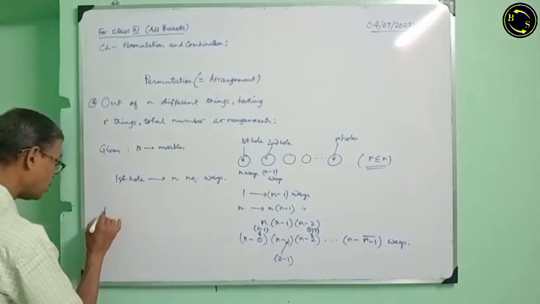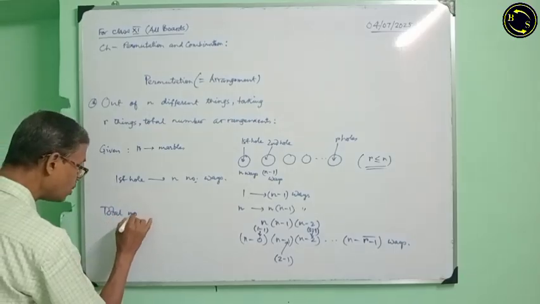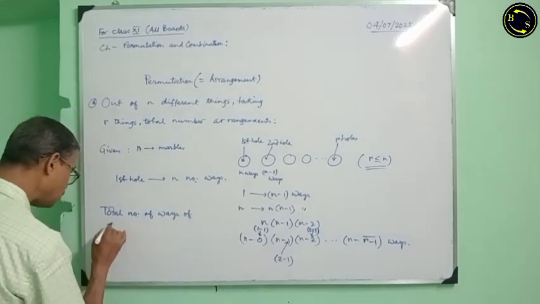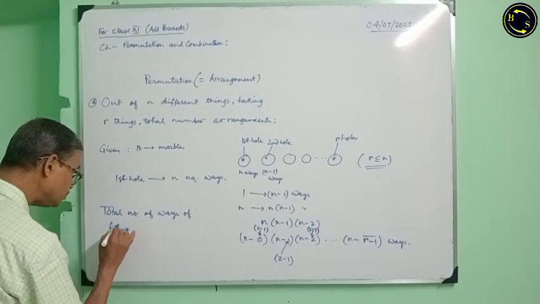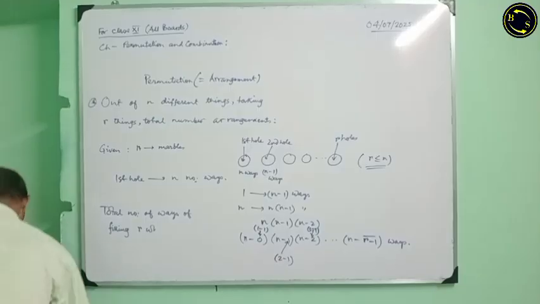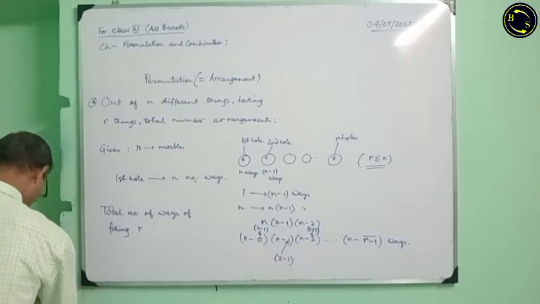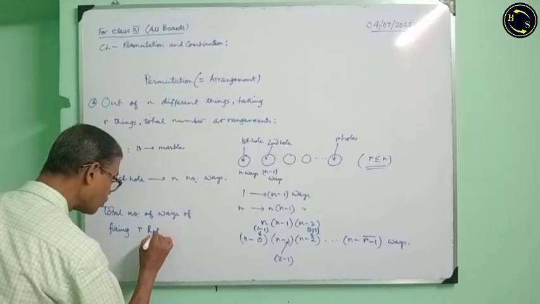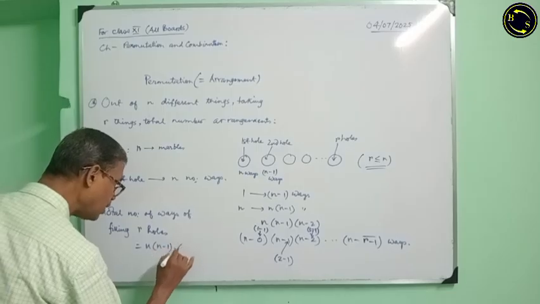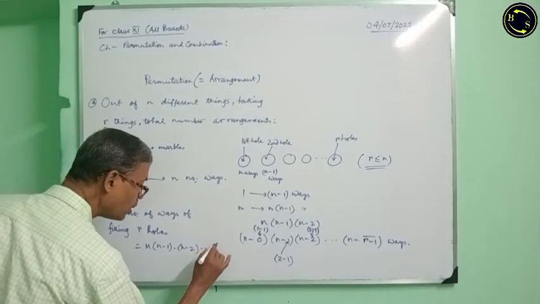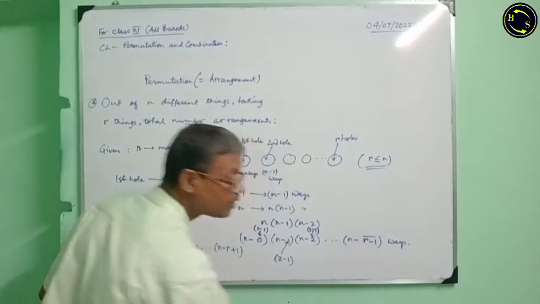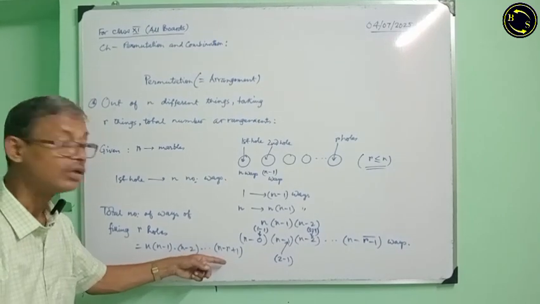Therefore, total number of ways of filling r holes is equal to n into n minus 1 into n minus 2 dot dot dot n minus r plus 1.